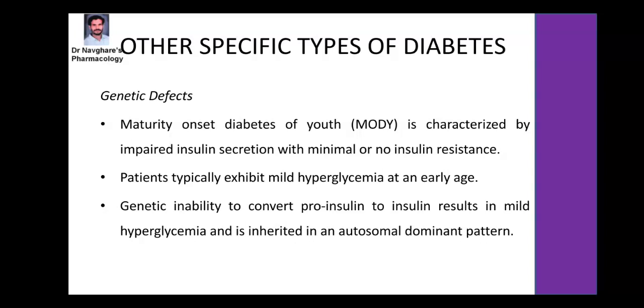Patients typically exhibit mild hyperglycemia at an early age. In this case, genetic inability to convert proinsulin to insulin results in mild hyperglycemia and is inherited in an autosomal dominant pattern.